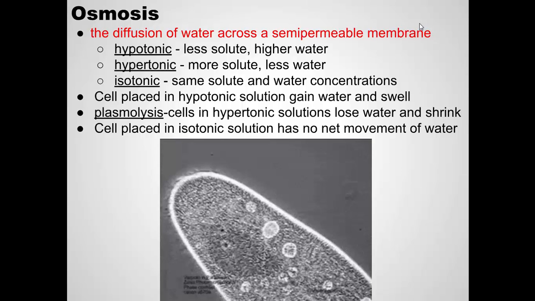So hypotonic, do you know what the prefix hypo means? You ever heard hypoglycemic, hypodermic needle, hypochondriac? Like not enough, like less. Yeah, it means like less or under. A hypotonic solution has less solute and more water.